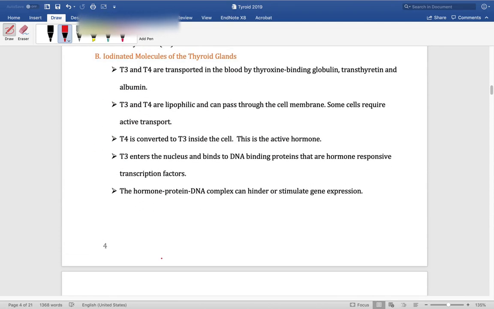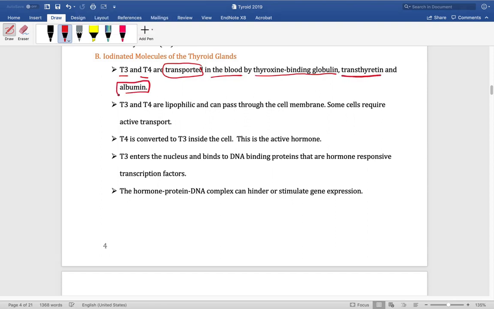All right. Now, there are some other iodinated molecules that are produced from the thyroid gland. So the main ones that we want to focus on are T3 and T4. Those drugs are going to be transported in the blood by thyroxine binding globulin, transthyretin, and albumin.